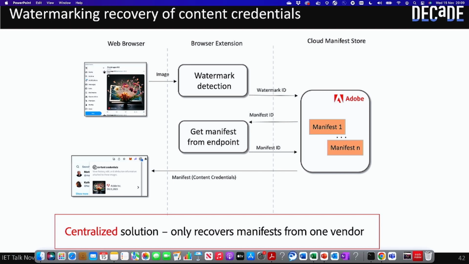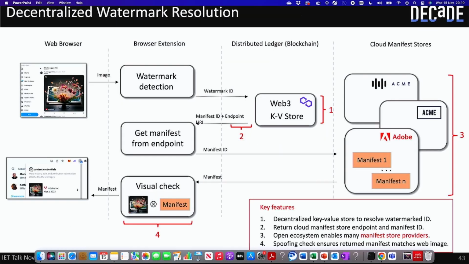As I mentioned, Adobe retains these fingerprints in its cloud system, and it's pinging that cloud system with the watermarked ID that it's found to get back what's called a manifest ID, which helps us trace the manifest and ultimately display it to the user. Obviously, this is what we call a centralized solution. So in this example, it's only recovering manifests from one vendor. And what we want to see is that this technology is adopted by many vendors, many providers of these manifest stores, as we call them.